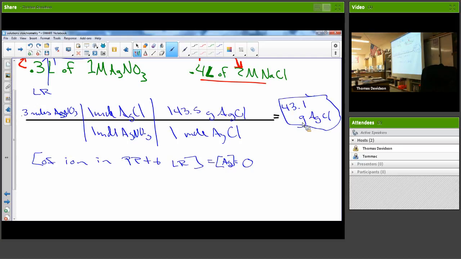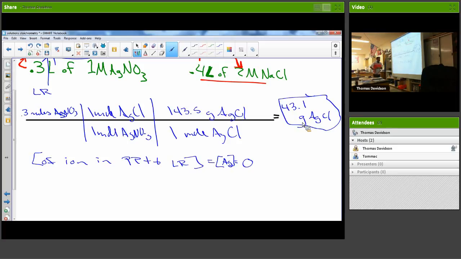Okay, remember, precipitate means it's become solid. So is this even in solution? No. Limiting reactant is the one that is completely used up. So to combine those, it says that this one is completely removed from solution. That's silver.